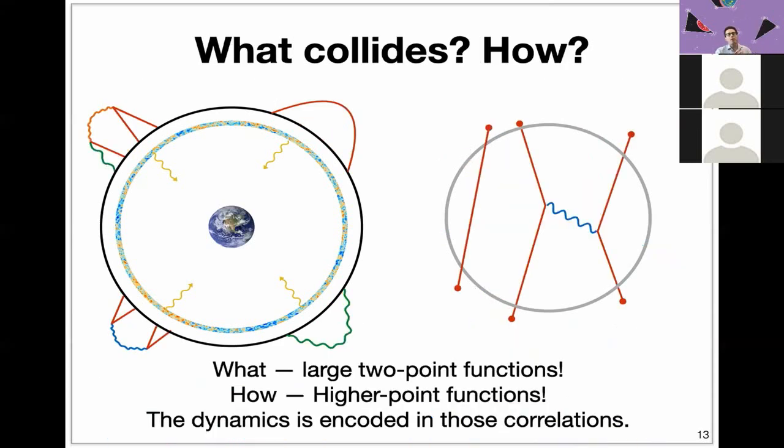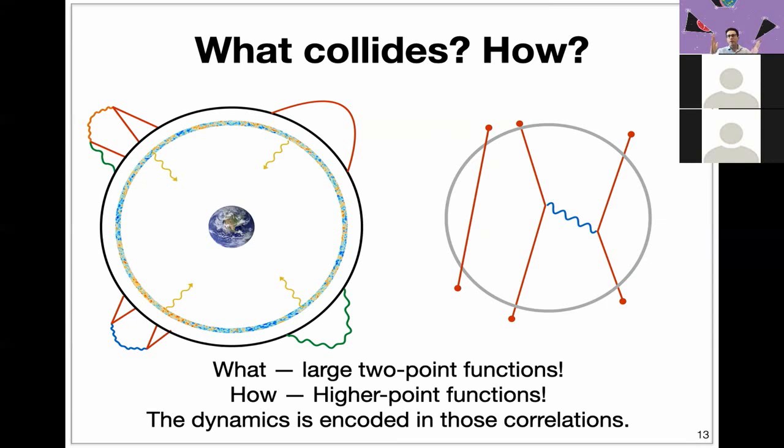If we're going to go with this collider analogy, let me explain a couple more things about it. A clear question is, what is it that's colliding? And another question is how they collide. In colliders, the things that we can use for probing microphysics are objects with large two-point functions, because then we can move them around. We can prepare a beam of particles here, move them there, and they don't decay.